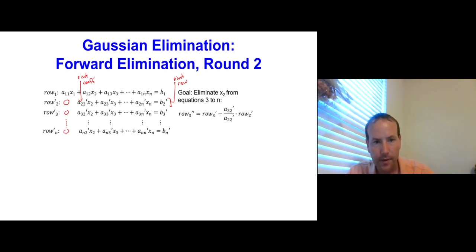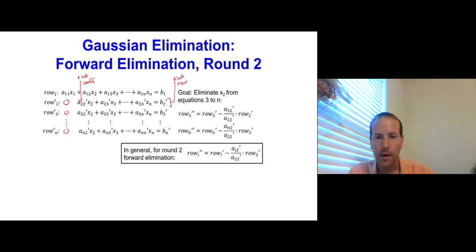This is the leading value in the row that we're talking about, row 3. And so on the nth row, we would have the following equation. Notice that we're still starting with the original value, and then we're modifying it by some product of row 2, which is our pivot row.